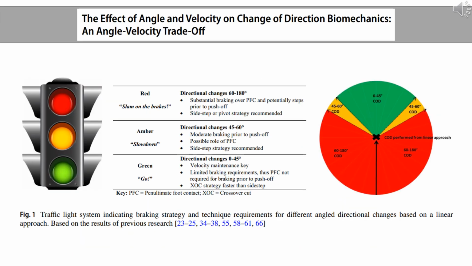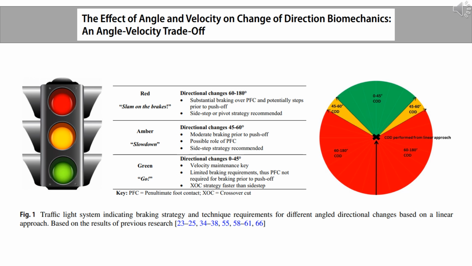So I mentioned previously that Thomas dos Santos had also conducted one or two fantastic articles in Sports Medicine, a journal which for the most part publishes meta-analyses, systematic reviews, narrative reviews. And this is a fantastic narrative review from Tom and his team looking at the effect of angle and velocity on change of direction biomechanics.